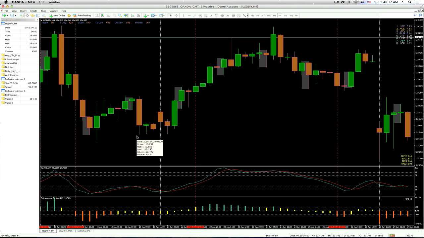Okay, so June 24th. Actually the setup begins, this is the 4-hour chart again, sorry. The setup is right here. Price on the stochastic goes below the 80, comes back above the 70, and then it's confirmed by this bar down here that goes above 100 on the CCI.